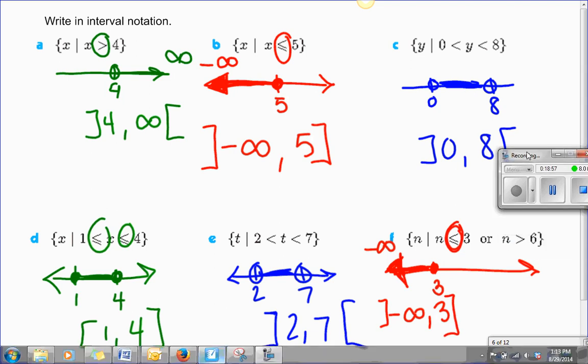Okay, or n is greater than 6. So we're at 6, but we're not going to include it because there's no equal sign, and we're going towards infinity. So it can be any number greater than 6 all the way up to infinity. So not including 6, not including infinity.